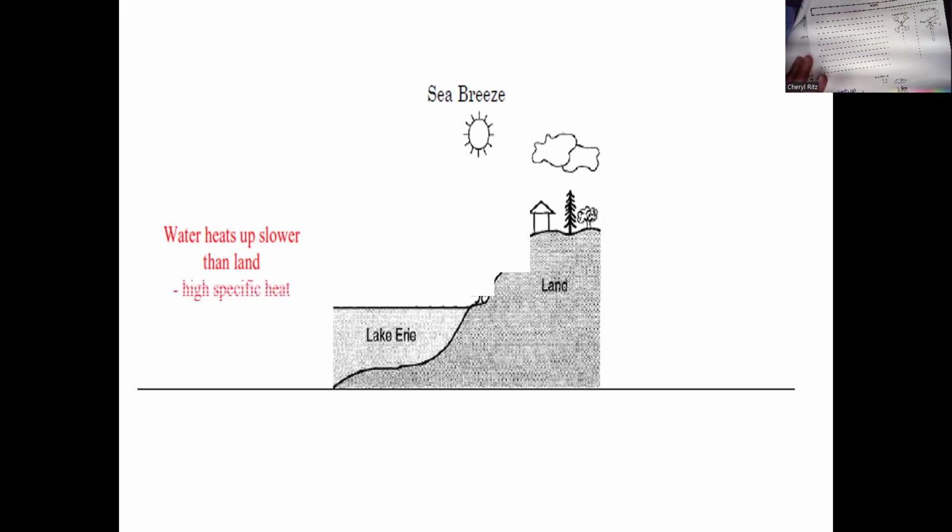And this is because, underneath it, it has a higher specific heat. So add that. That's because water has higher specific heat.